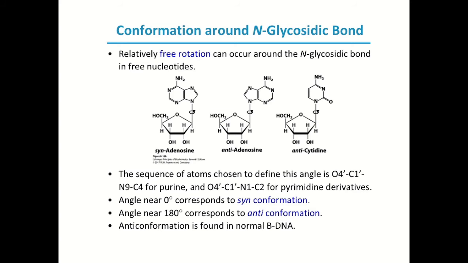Now there's relatively free rotation around this N-glycosidic bond, and as a result, you can have a syn or an anti-conformation. The syn conformation has an angle near 0 degrees, whereas the anti-conformation, the angle is 180 degrees away from the sugar.